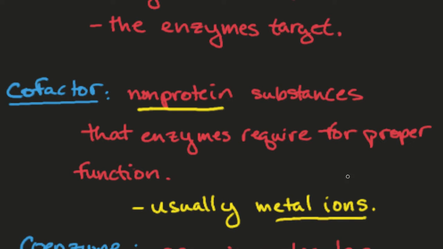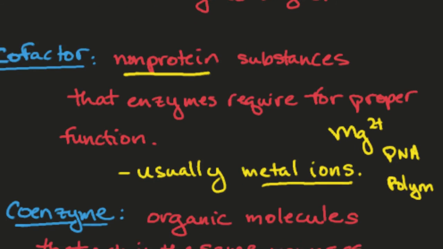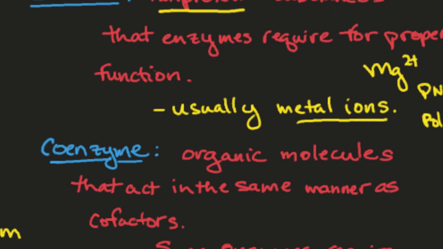An example would be magnesium and DNA polymerase. DNA polymerase is an enzyme that helps replicate DNA, copy DNA, but without that magnesium, it's not going to be able to do it.